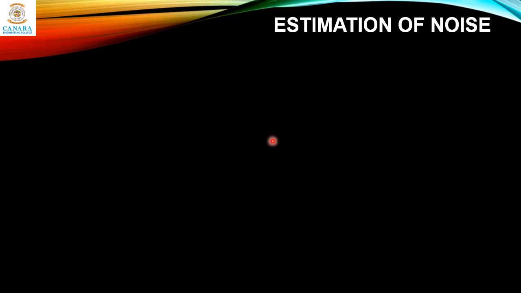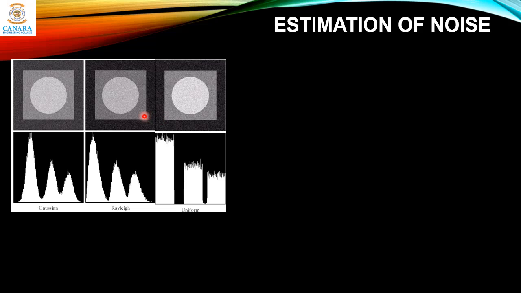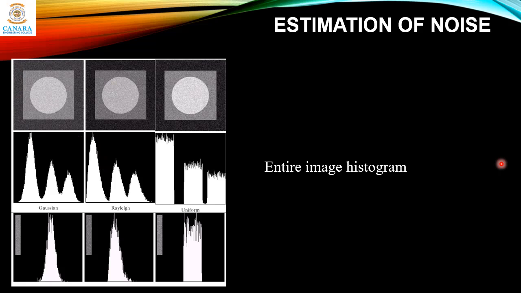Let us consider one example for estimation of noise parameters. So this is the test image and its histogram, which we have already seen in the previous lecture. So basically we are plotting the entire image histogram at once. Now instead of this, we'll consider one particular strip of plain area or flat area and then plot its histogram. So something like this one.